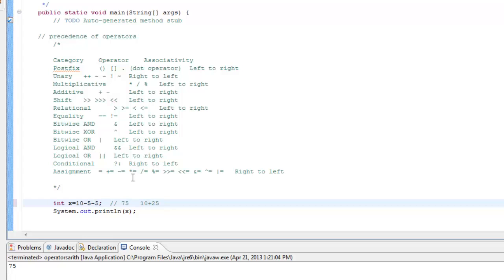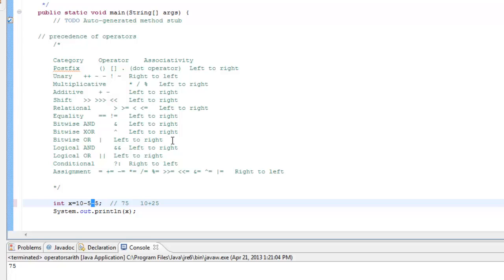In this case, both minus operators are on the same level on the precedence table. So which minus gets evaluated first, this or this? So we see the associativity. Associativity says that the minus operator is from left to right. So the minus on the left will get evaluated before the minus on the right. So this is the meaning of associativity.